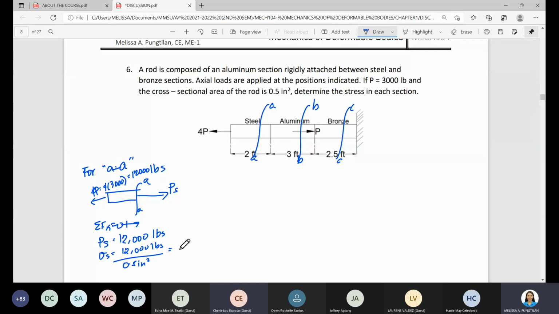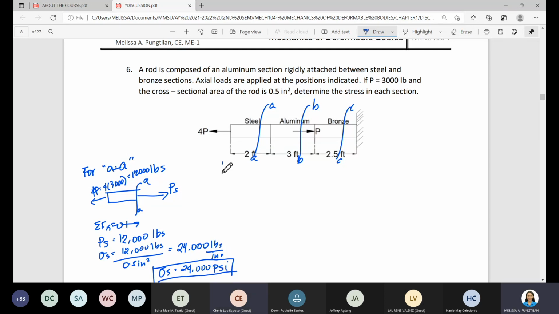So, this is equal to 24,000 pounds per inches squared, or we can say 24,000 PSI or pounds per square inches. So, ito na yung ating stress at steel.